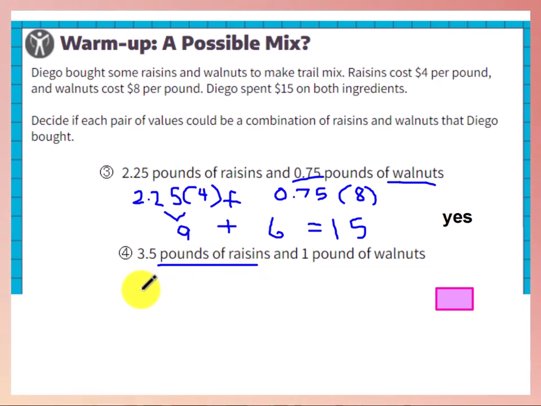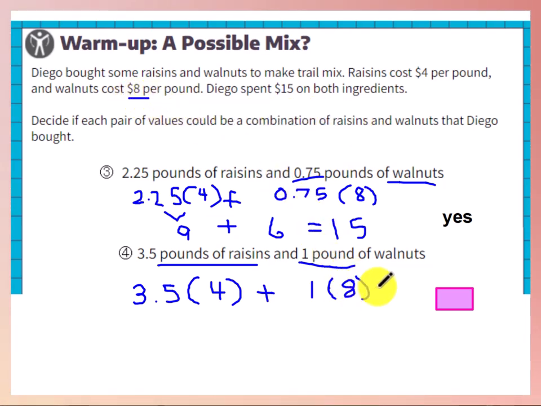Okay, now we're going to try one more. Raisins, the number of pounds is 3.5. We're going to substitute that in for X. Multiply it by 4, because 4 is the dollar amount for each pound. Add that to 1 pound of walnuts. Substitute 1 in for Y, and multiply times 8, because that's the cost per pound of walnuts.